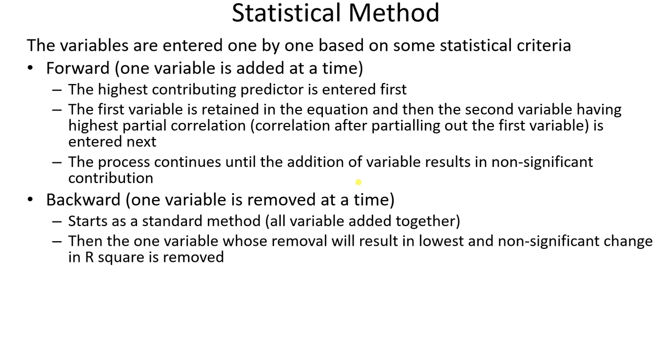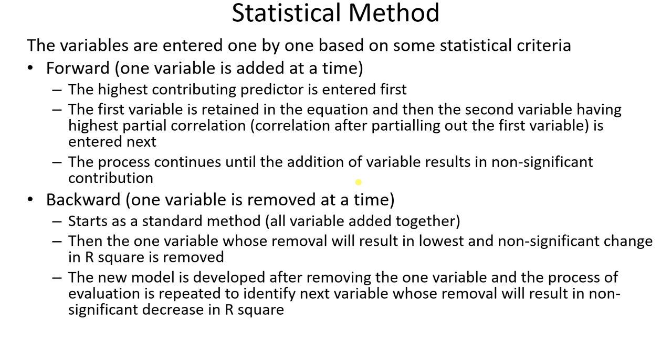Then one variable whose removal will result in the lowest or non-significant change. Suppose there are five variables x1, x2, x3, x4, x5, and removal of say x3 is not making any significant change in the overall prediction, then we will remove it.